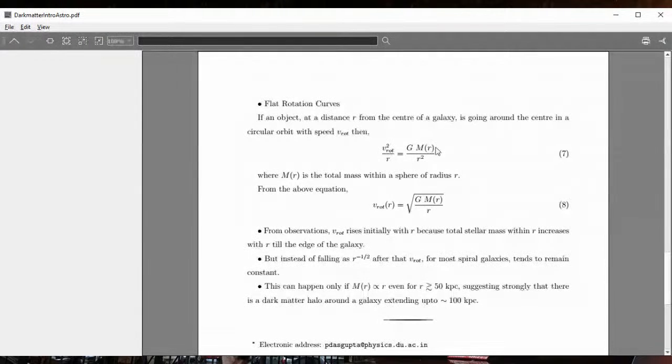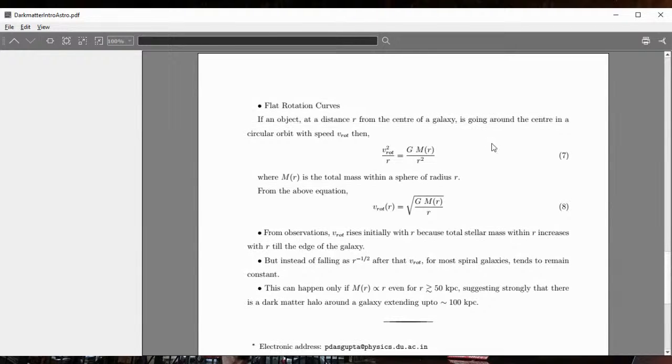Okay? Because we know from Newtonian gravity that the gravitational field of a spherical body at a given point is due to the total mass enclosed within the distance of that point where we are measuring the gravitational field.